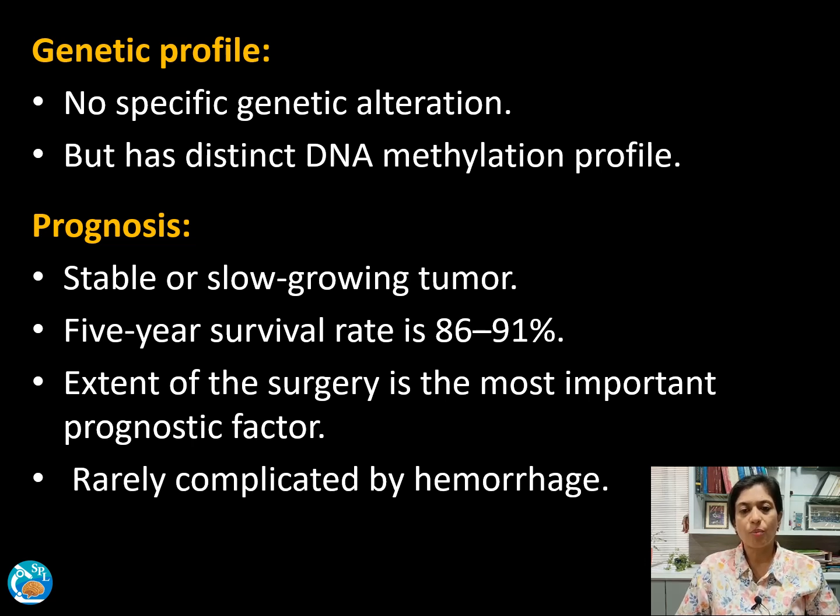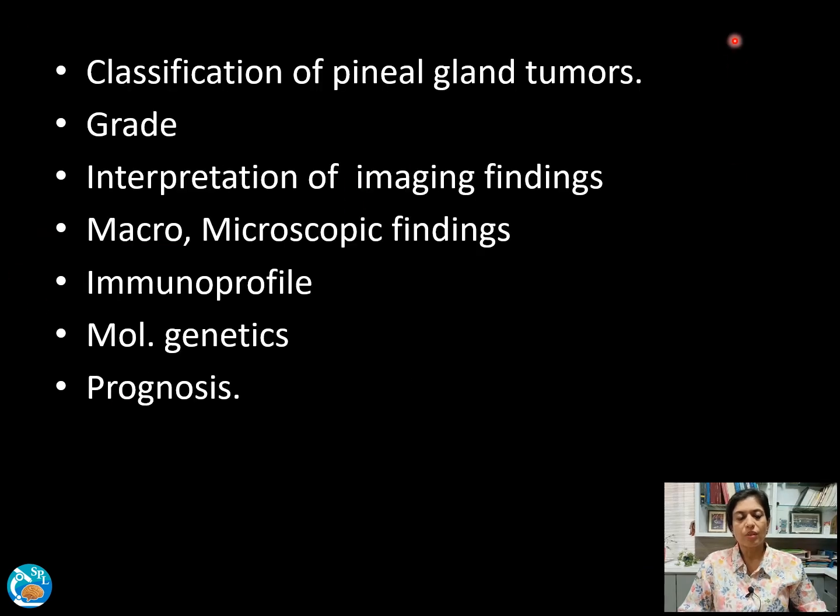These are rarely complicated by hemorrhages. Now, what you must know about pineocytomas is the classification of the pineal gland tumors. You must know the grade, how to interpret imaging findings, the macroscopic and the microscopic findings, immunoprofile, molecular genetics, and prognosis.